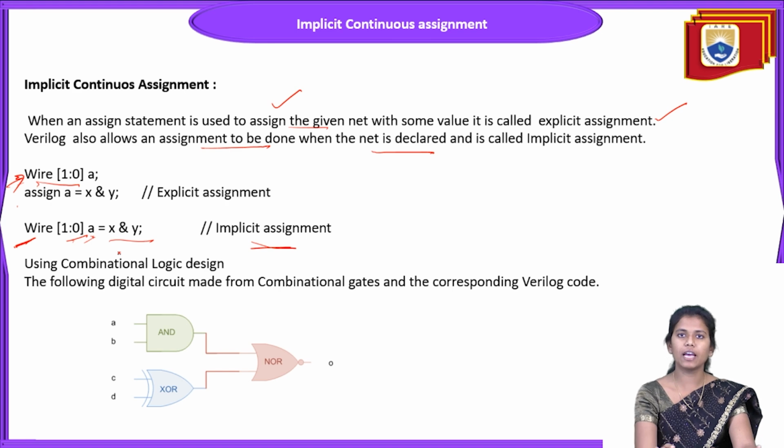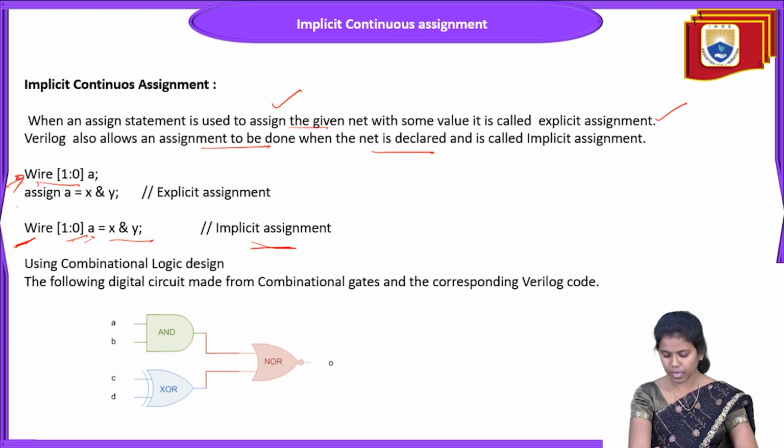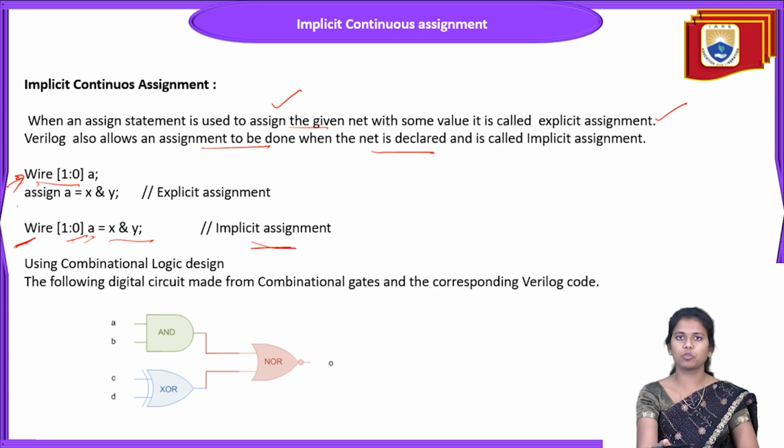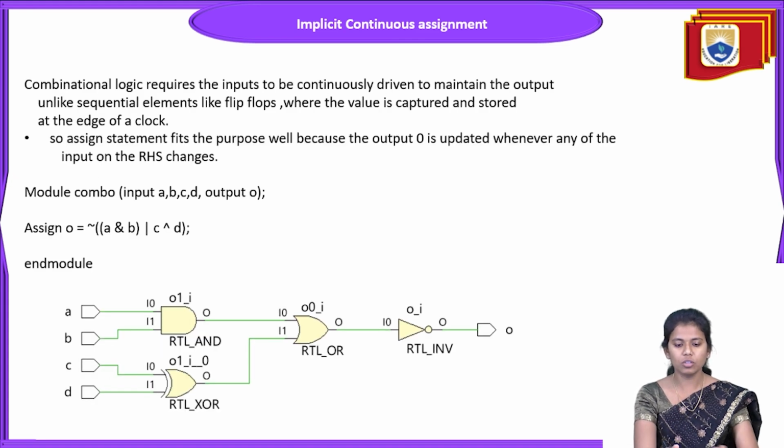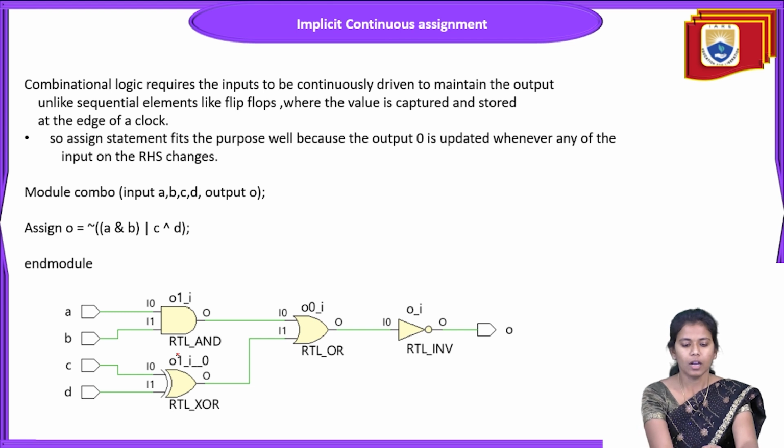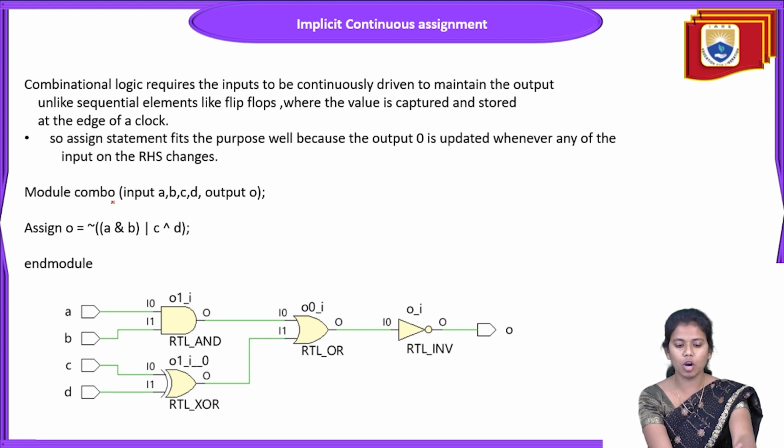Okay, here we have an example based on combinational logic design. This circuit is a combination of some gates: an AND gate, an XOR gate, and a NOR gate. Here we see how we can use implicit continuous statements with this combinational logic circuit. We have a module combinational logic circuit, combo.